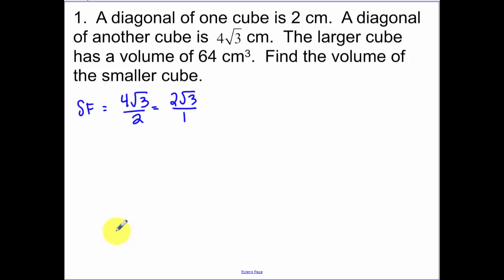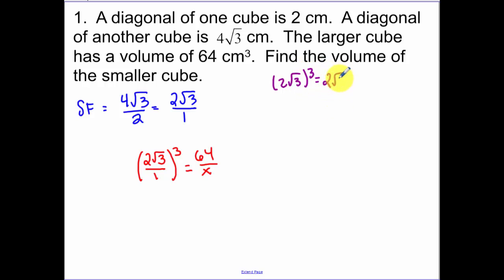Now to figure out what the ratio of the volumes is, what I have to do is cube 2√3 over 1 and set that equal to the volume. The volume of the larger cube is 64. I'm trying to find the volume of the smaller cube. Let's do a little sidebar over here, what 2√3 cubed looks like.